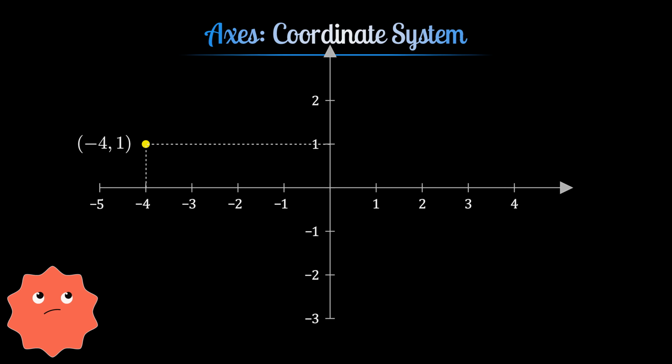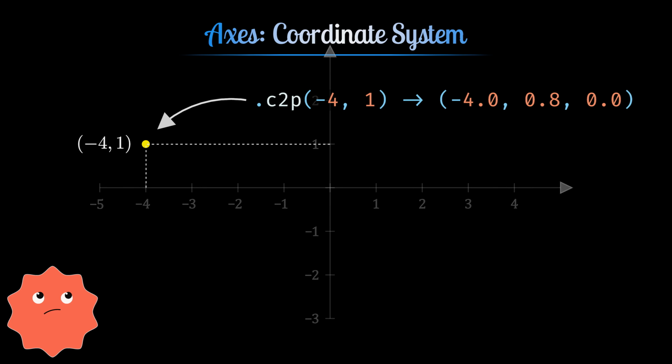To access the location coordinates, I will use the coordinates_to_point method, or c2p for short, then specify the x and y coordinates of the point as arguments. Conversely, to find out the axes coordinates at any location of the canvas, I would use the p2c method, short for point to coordinate.